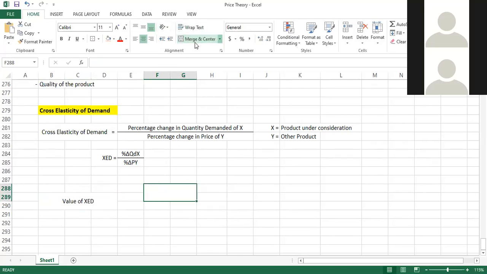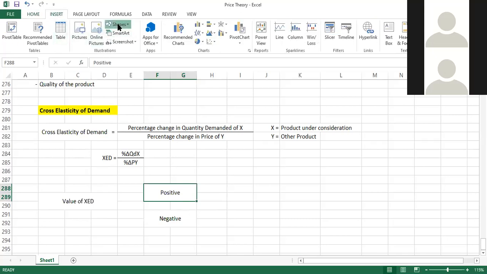Whether the value of the cross elasticity of demand is positive or negative depends on the nature of the other product.